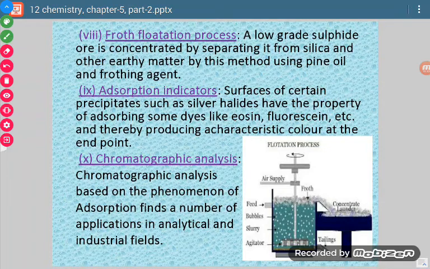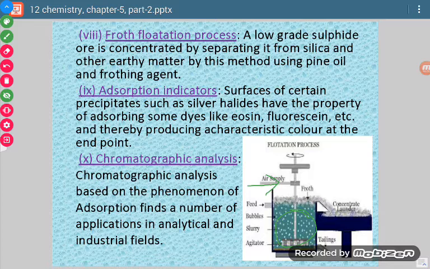Now a few more examples. Froth flotation process. Froth means fog, it is like a fog. This apparatus is for the froth flotation process. Here we take our ore in powder form and mix it with water and some cheap oil like pine oil, and then we supply air at very high pressure.